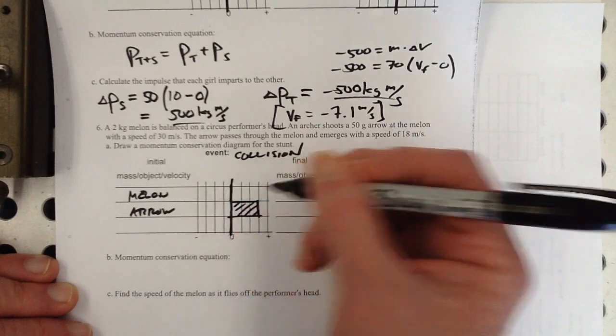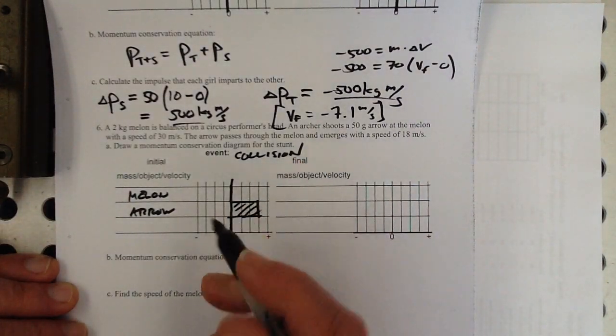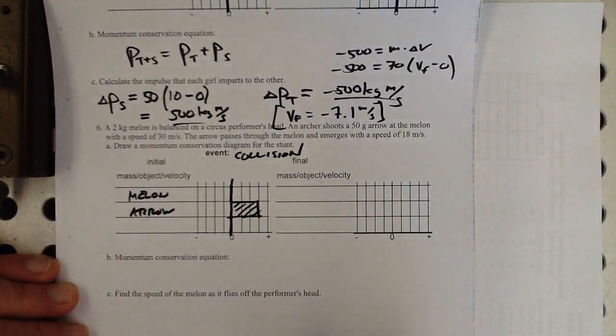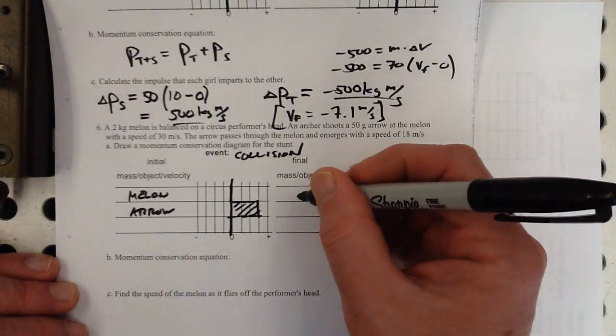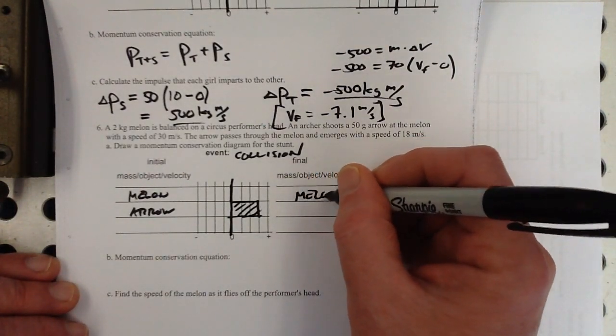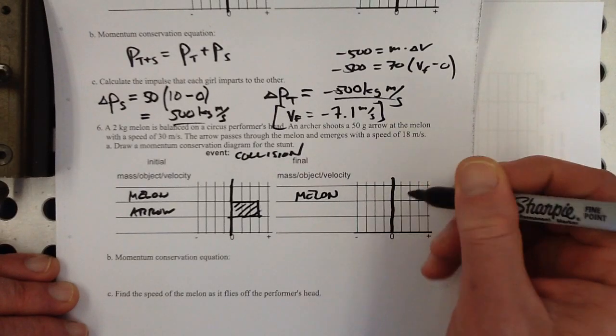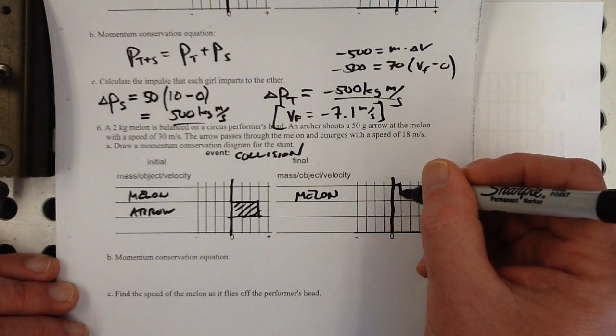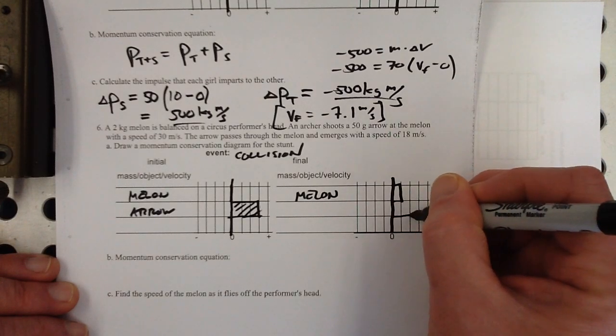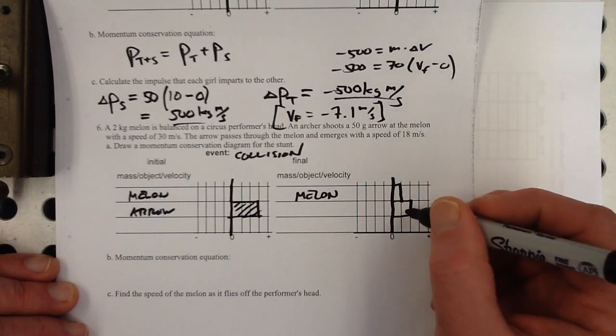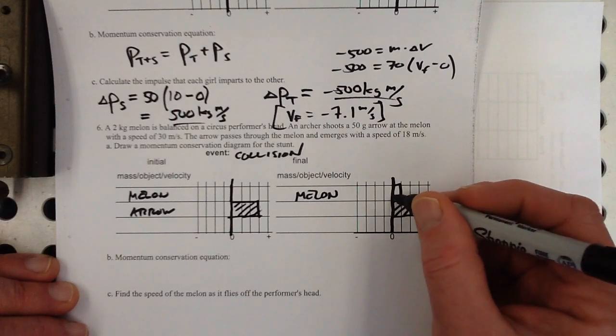I'm going to make it 3 bars worth, so I think that'll be a good number to split up. And then afterwards, the melon is going to have some momentum because an arrow just ripped through it, and the arrow still has about 2/3 of what it had before, so I think that's a decent picture.